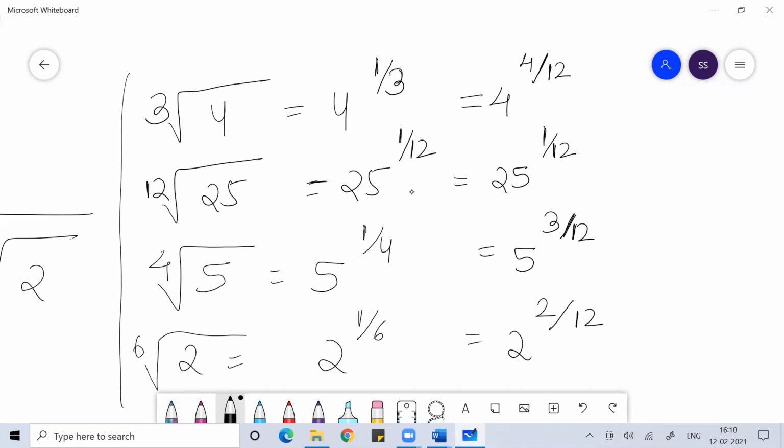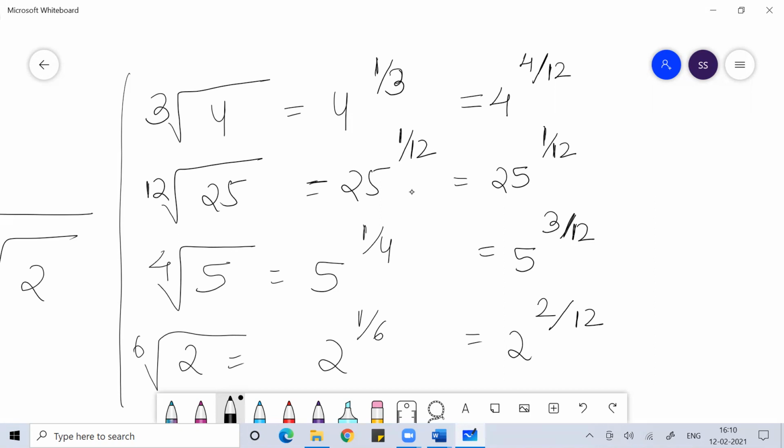So see, the thing is that whenever you see numbers in power, you need to understand, in order to analyze which is bigger and which is smaller, either you have to make their base equal or you have to make the power equal.